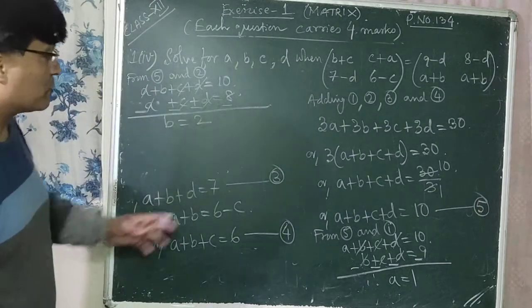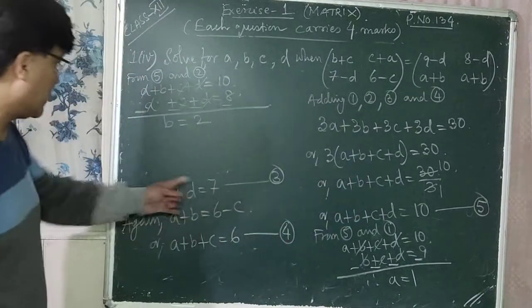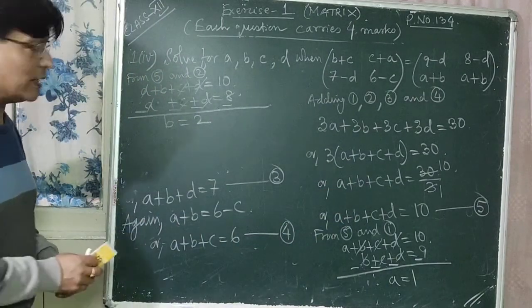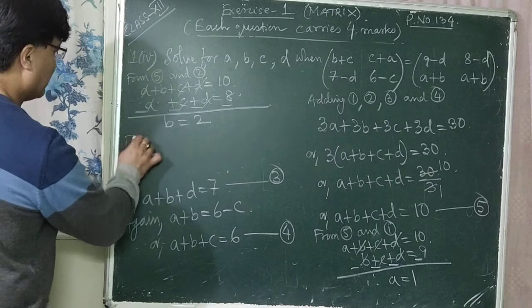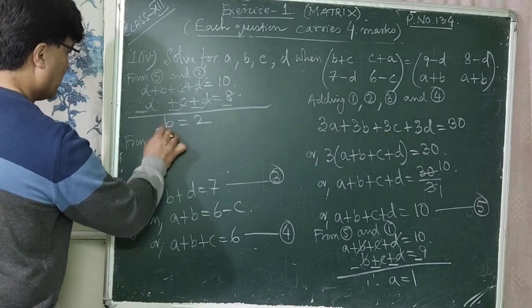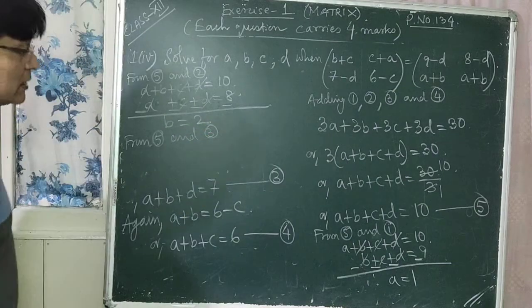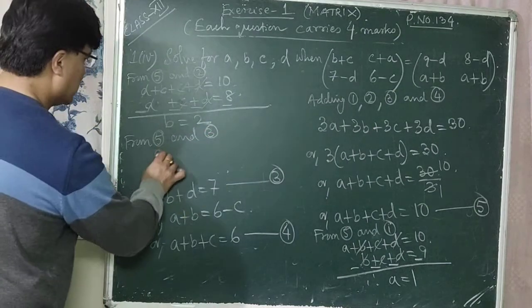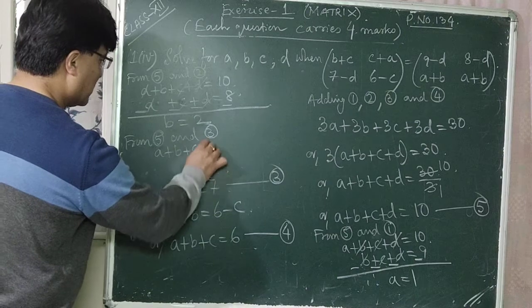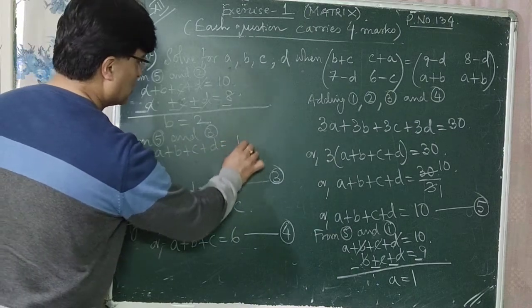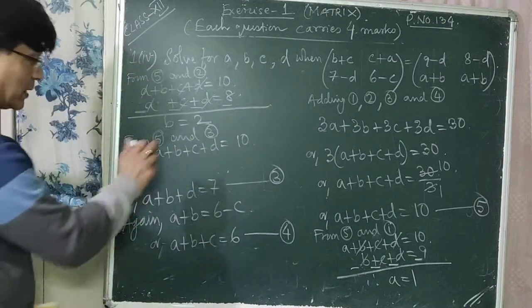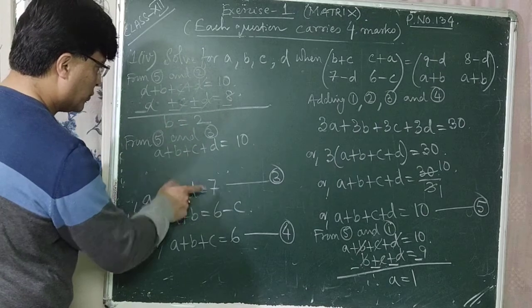Now again subtract 3 from 5. We can get the value of C, right? So again from 5 and 3. Let us write number 5 first. A plus B plus C plus D is equal to 10. And let us subtract 3 from 5.